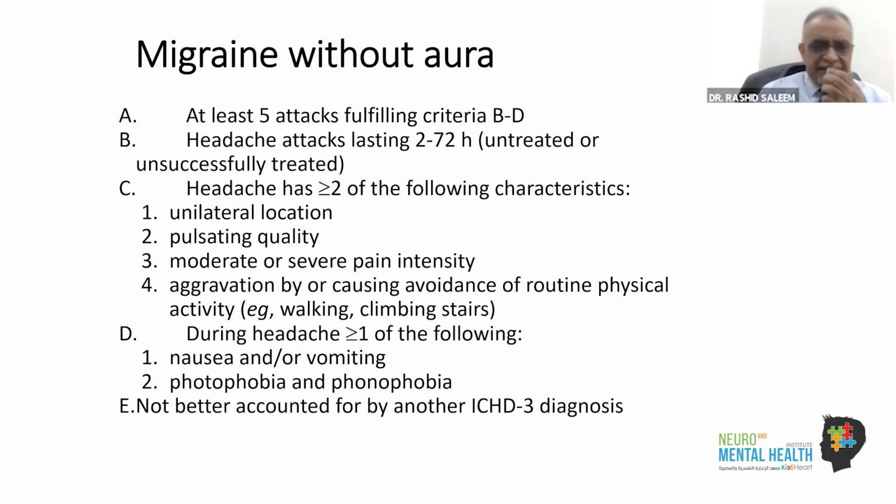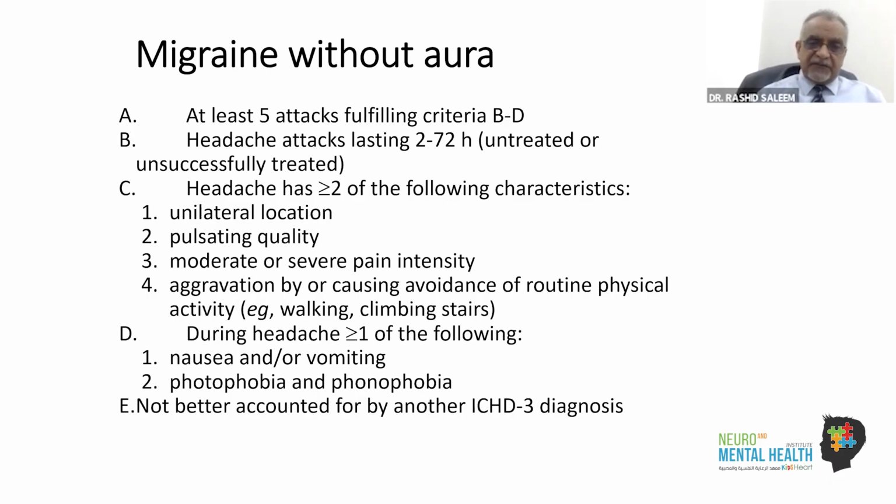Now, these are criteria from the International Headache Society guidelines. I'll just quickly go through it, because whenever you are dealing with primary headaches, you have to apply this criteria to make a diagnosis. Looking at migraine, it can be without aura or with aura.